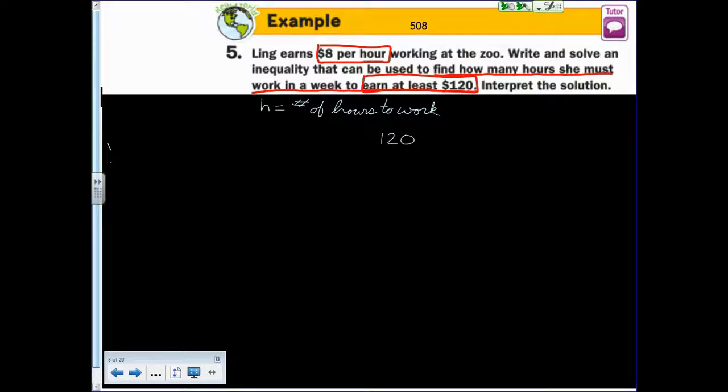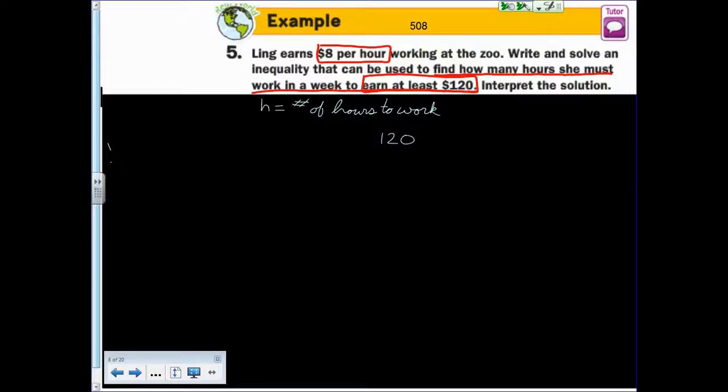Now, like with the inequalities we were writing yesterday, we need to ask ourselves, is that the least or is that the most? Is this the biggest number she wants to earn, or is this the least amount of money she wants to earn? And in the words, it actually says at least $120. So think about it.